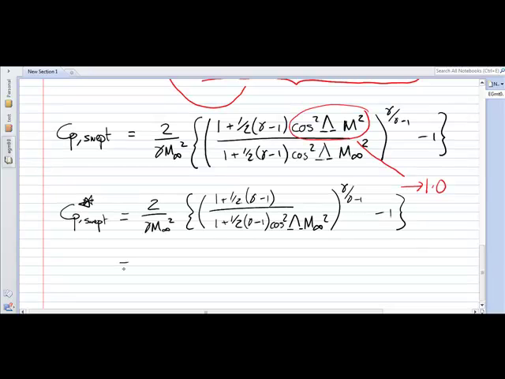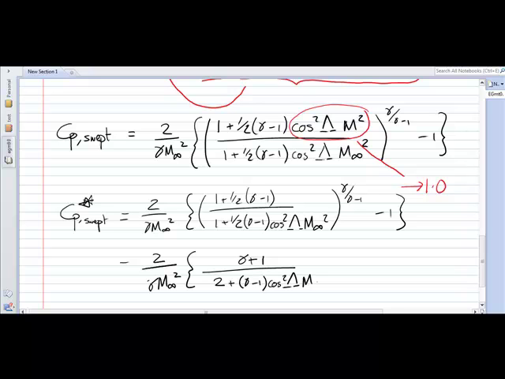And of course we can tidy up the top of that if we want. We could write this as, that simply boils down to, I think, just gamma plus 1, doesn't it? Yeah, gamma plus 1 over, then we can take out a factor of 2, so we'll end up with a 2 at the bottom plus gamma minus 1 cos squared lambda M infinity squared, all to the gamma over gamma minus 1, minus 1.